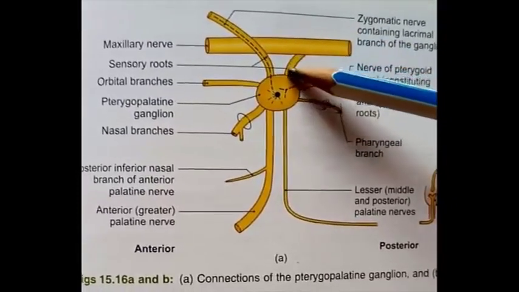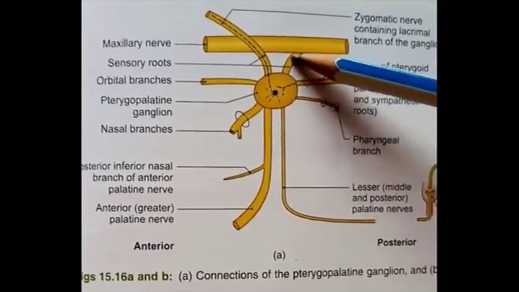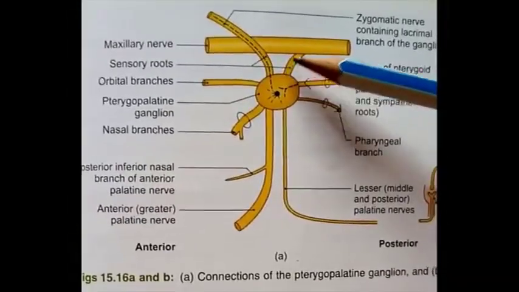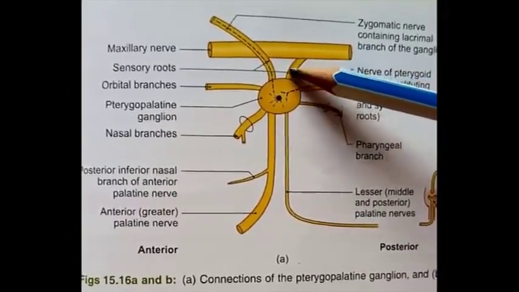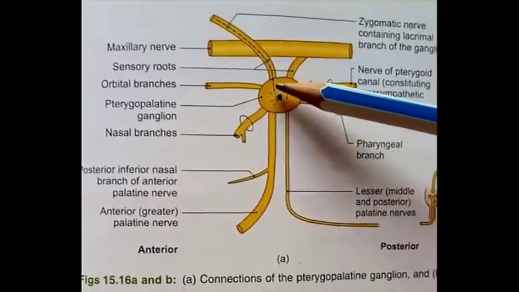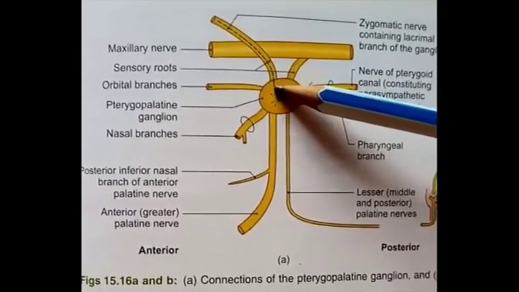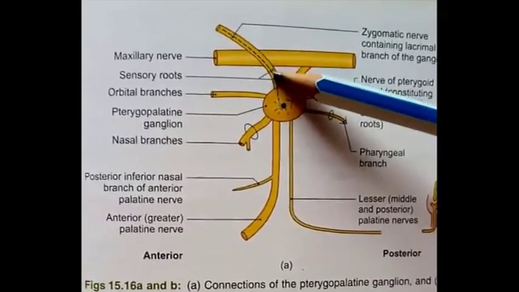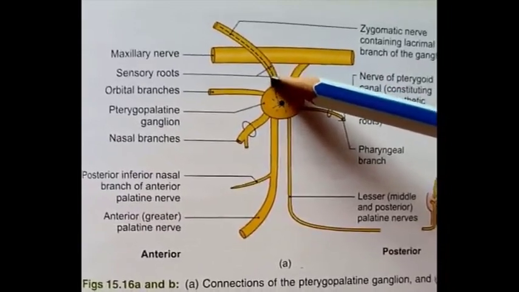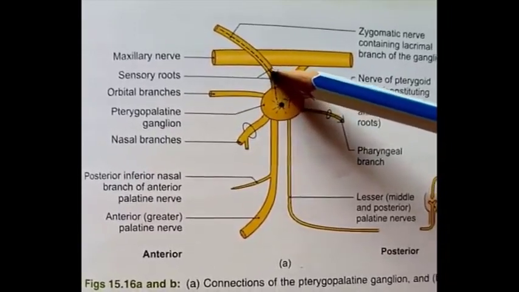So this is the preganglionic nerve root or preganglionic fibers, meaning from the maxillary nerve these are entering into the ganglion. So these are preganglionic, and the fibers without any relay leave the ganglion and this becomes a postganglionic root of the maxillary nerve.